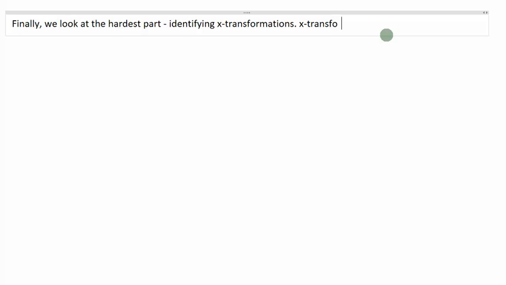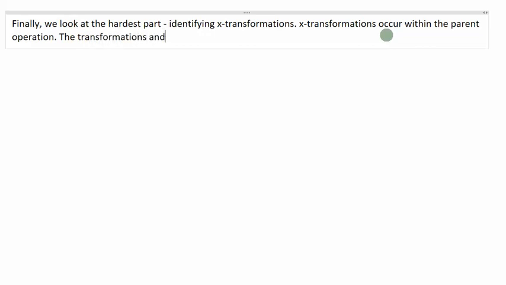X transformations, you can probably guess, occur within the parent operation. The transformations and the order are determined not by the order of operations.